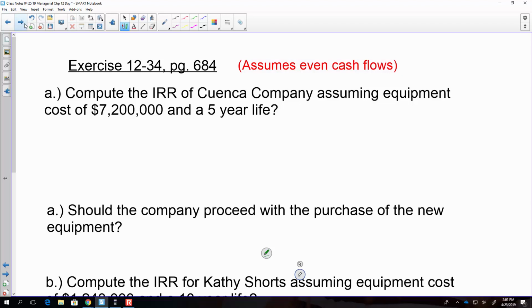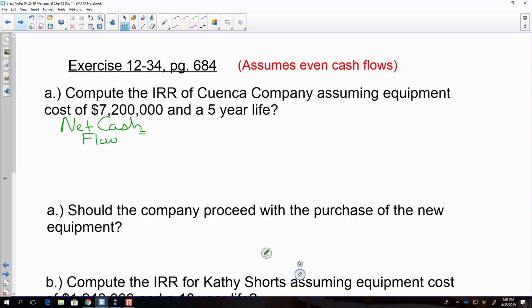Let's see. Okay, we have an investment cost of 7.2 million. What is the cash flow? We've got cash revenues, cash expenses. So what is my net cash flow? It is even. Exercise 34 on page 684. What's our net cash flow?